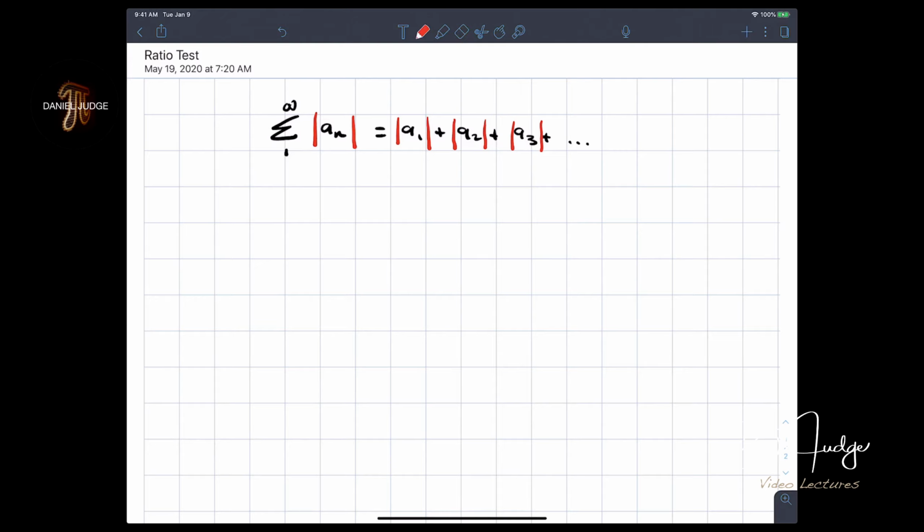So the idea behind this, though, is to note that this relationship, that if I take, in general, any series and make some of those terms positive that may not have been, we have this relationship that the series is less than or equal to the sum here of the terms where some of them are now positive.